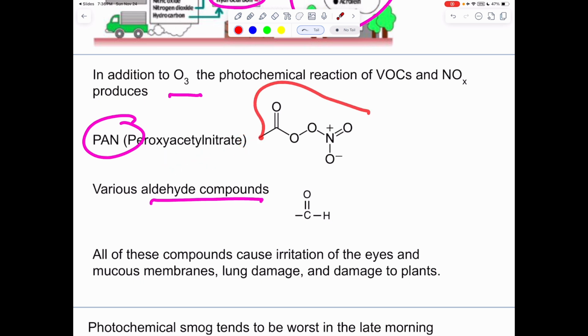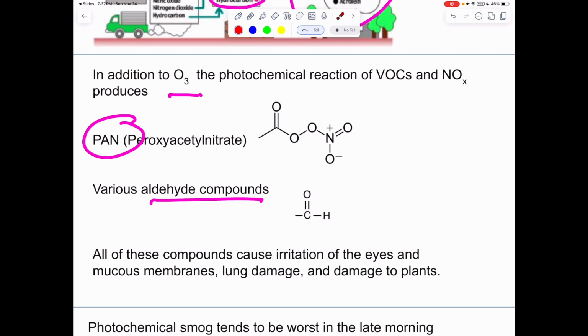So these are added onto carbons, either those PANs or these aldehydes. And these molecules also react with the mucous membranes in our eyes and our lungs, and they cause lots of damage and even damage plants as well. So we have the ozone that is damaging, and then in addition we have these PANs and our aldehyde compounds.